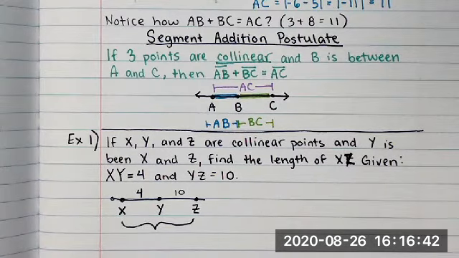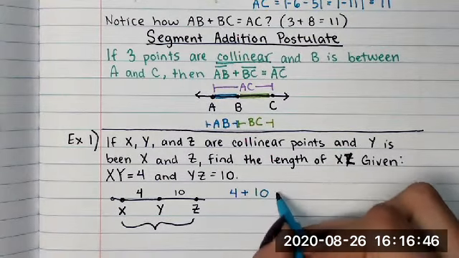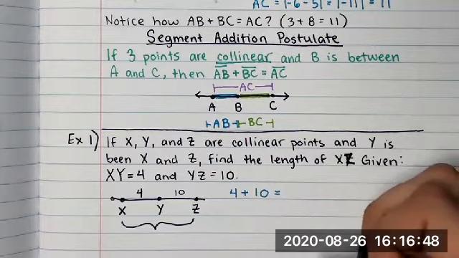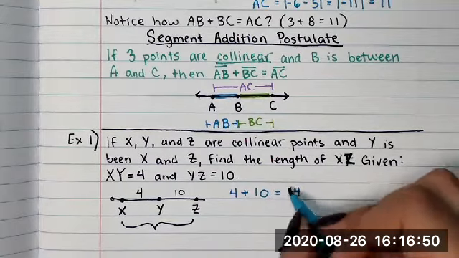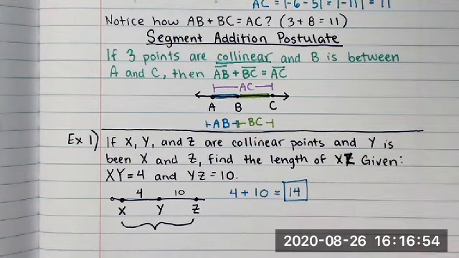So for this problem, we just need to figure 4 plus 10, which should be basic enough. Boom. 14 is the length of XZ. I just wanted to model that process for you guys of how you tackle these things piece by piece. And again, the math for this one worked out to be pretty simple.